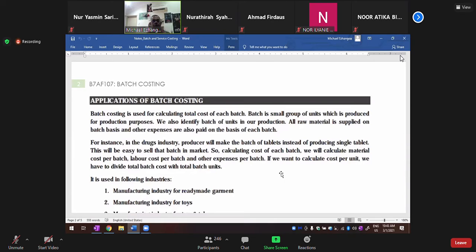To explain this point, there is a point of difference between batch costing and process costing, which I will teach you on Wednesday. Process costing is a bit longer and more complex, but nevertheless, I'll explain it. So I repeat my point.